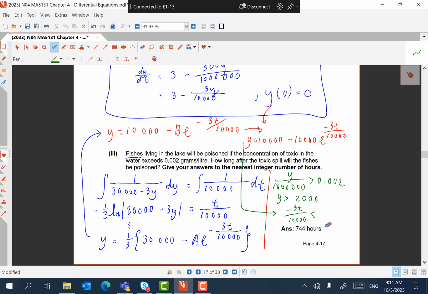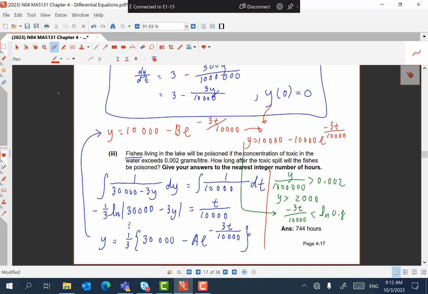Ln of 0.8, sorry. Can you do a calculation and check for me whether or not I am right?